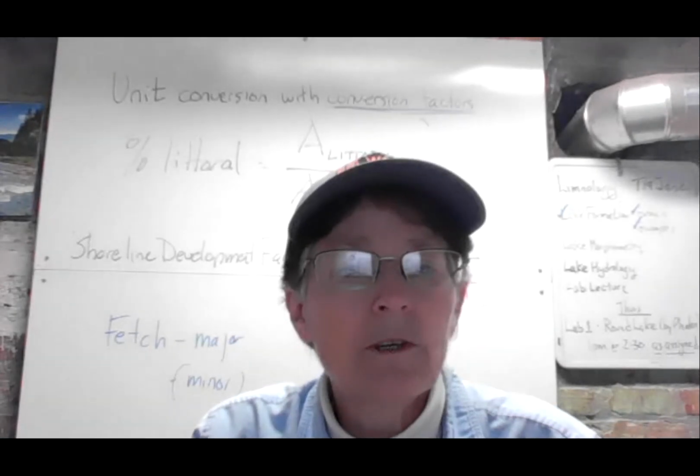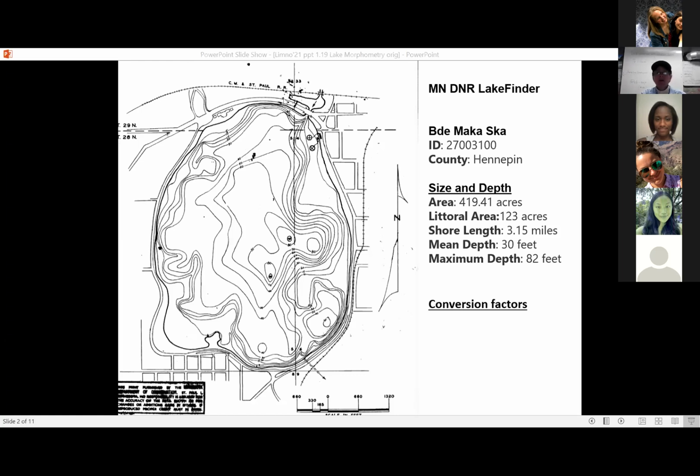Let's go back to this lake. Here I shall annotate with a line. I want to show you fetch. In this case, if we wanted to talk about the major axis of this oval, the, what's the right word that I want to use?